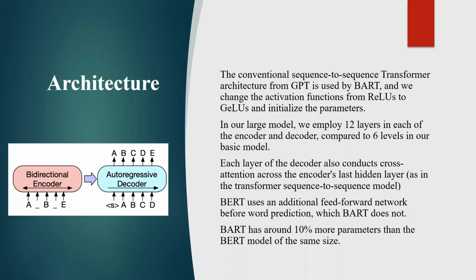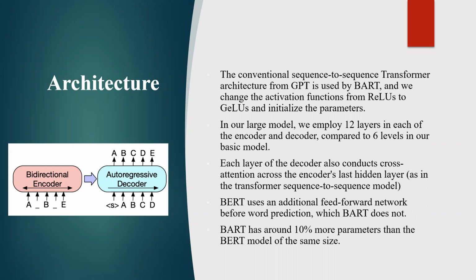Architecture. The conventional sequence-to-sequence transformer architecture from GPT is used by BART, and we change the activation function from ReLU to GeLU and initialize the parameters. In our large model, we employ 12 layers in each of the encoder and decoder compared to 6 layers in our base model.